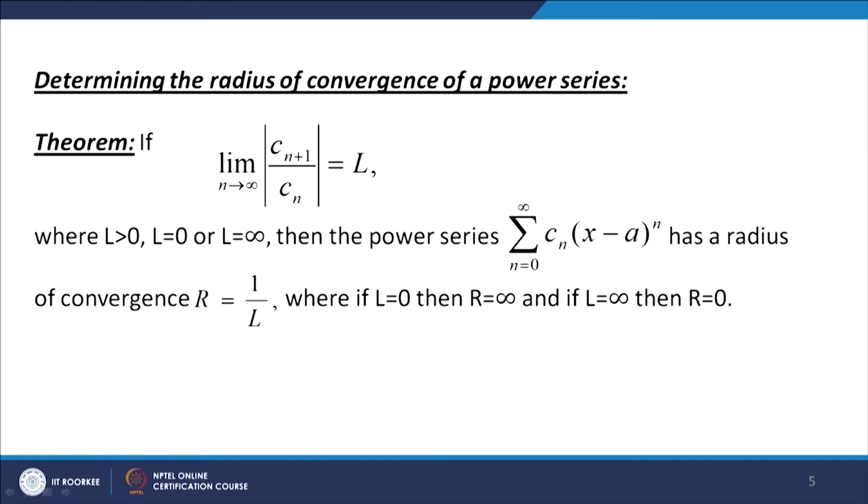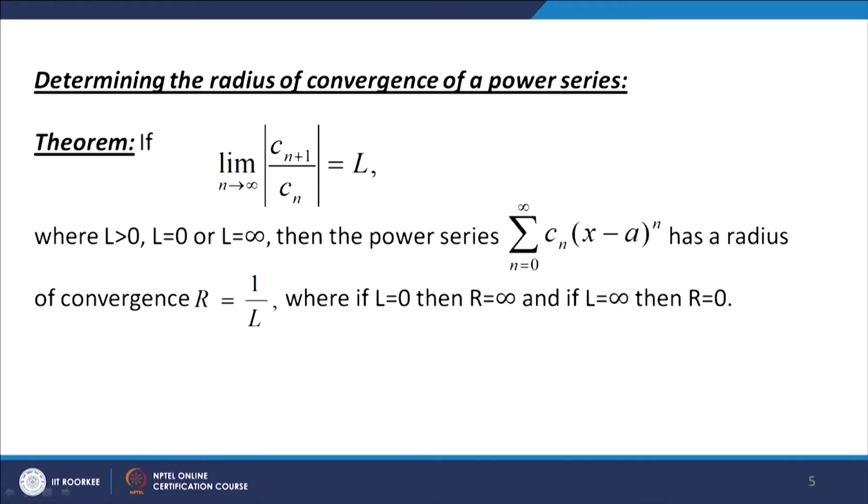If this limit is equal to L, where L is of course non-negative because we are taking the limit of positive real numbers, so L is greater than 0, or L is equal to 0, or L could even be infinity, then the power series will have the radius of convergence r equal to 1 by L. So, if it gives L equal to 0, then r will be infinity, and if L is equal to infinity, then r will be equal to 0.